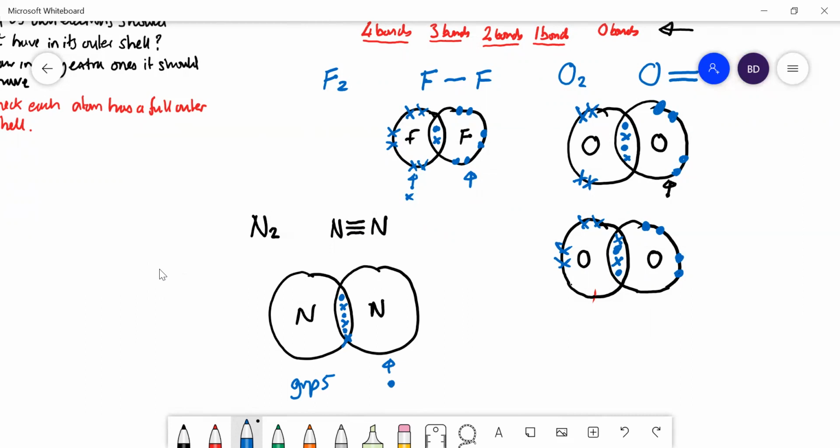I've only drawn 3 dots, so I need to draw 2 more. One there, one there. Same with this one, I've only drawn 3 crosses, so I need to draw 2 more crosses. Right, now how many electrons does each nitrogen think it's got in its outer shell? It thinks it's got 1, 2, 3, 4, 5, 6, 7, 8. So yeah, it thinks it's got a full outer shell, so that works.